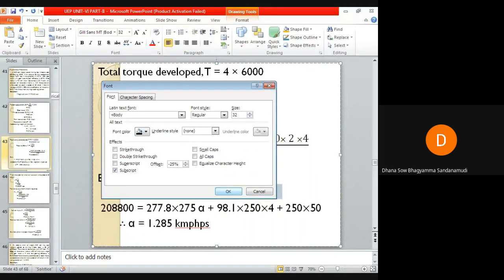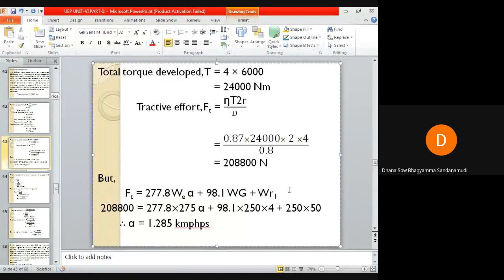For gear ratio I used the same notation, that's why I said gear ratio. It is not the gear ratio, it is the train resistance. Since we have used the notation R for gear ratio, I have changed the notation for the train resistance to R1.